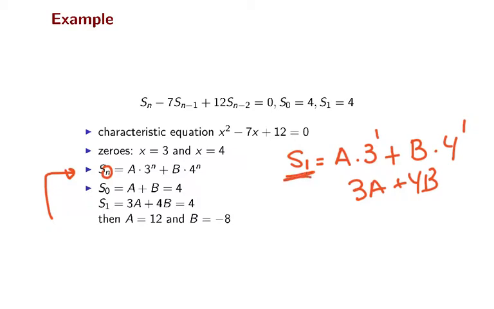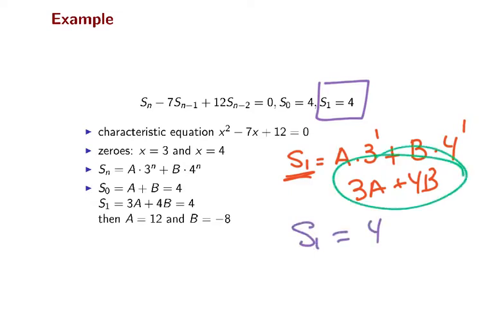So we calculate S1 just using the formula. But we know that S1, we also have given the value as data. So we know that S1 is equal to 4. So we can say, then this is equal to this. And that is the second equation that will give us the values of A and B.